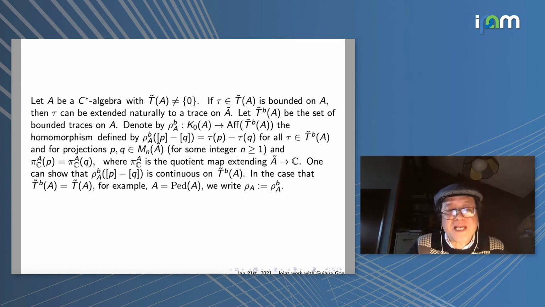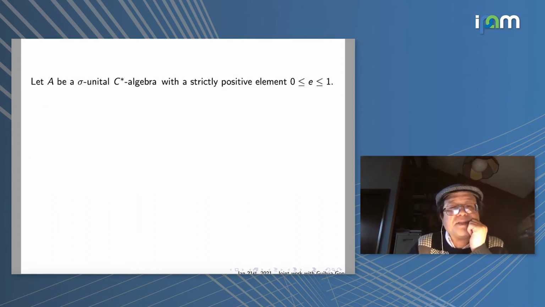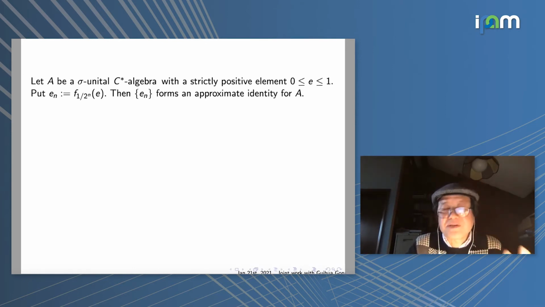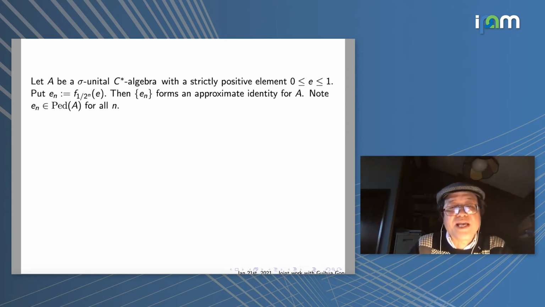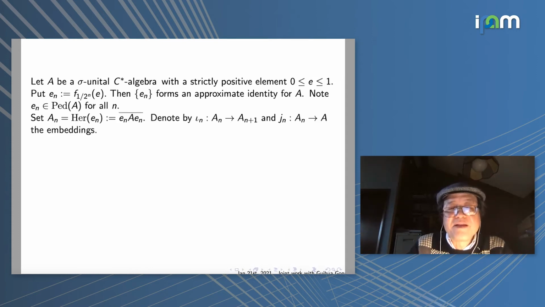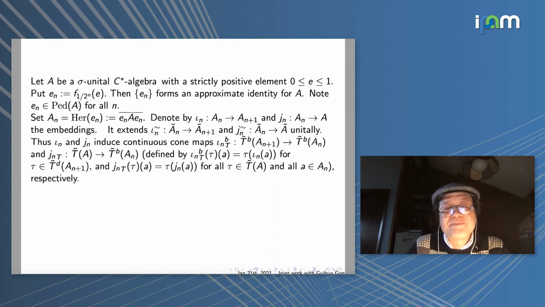In particular, if everything is bounded, then nothing changes. So what we do is we take a strictly positive element, we cut the tail, and you get a sequence of elements which form an approximate identity. Each e_n is in the Pedersen ideal. So you can cut down to A_n, and then you can have an embedding from A_n to A_{n+1} and so on, and you can extend to unitaries.